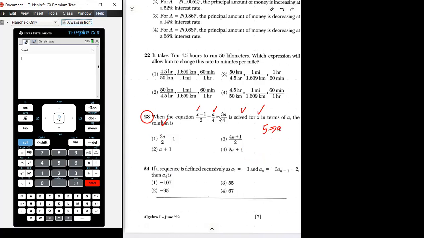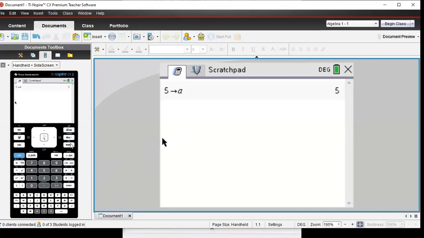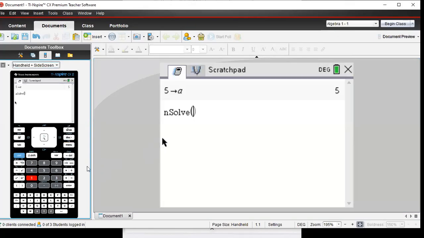It's not a variable anymore, and I'm going to show you that. So watch. I'm going to pull this up and do menu 31, and then type in the equation. This is going to be control divide, a stack fraction: X minus 1 over 2, then minus A over 4.